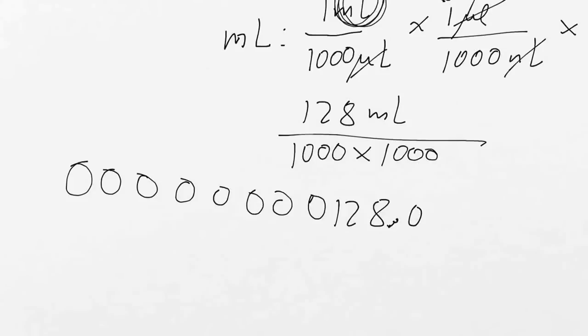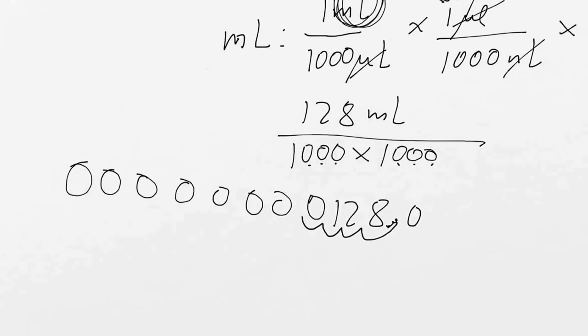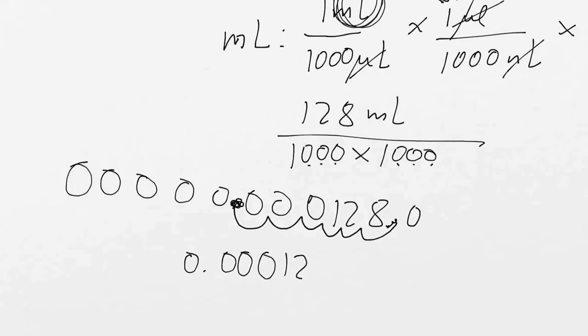So we've got 1,000 times 1,000 gives million. So this is 1, 2, 3, 4, 5, 6. So I place my 0 here. So that would be 0.000128 milliliter.